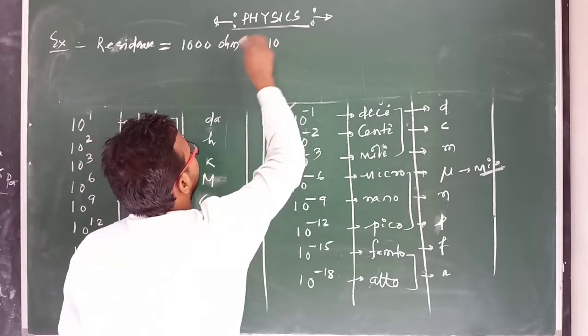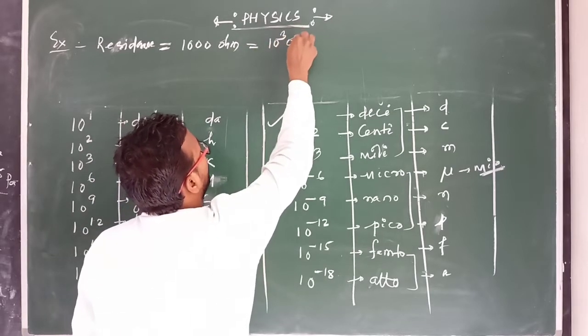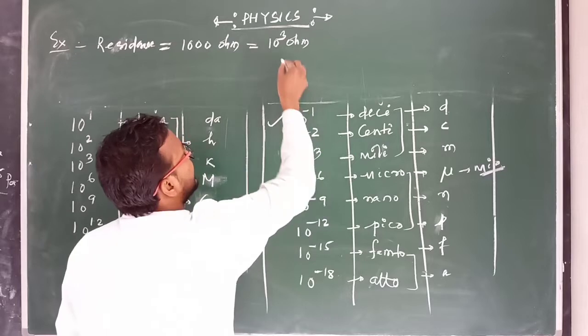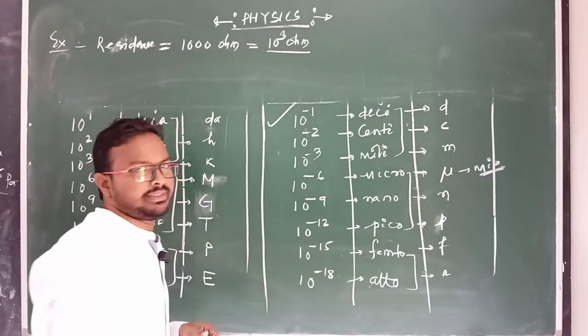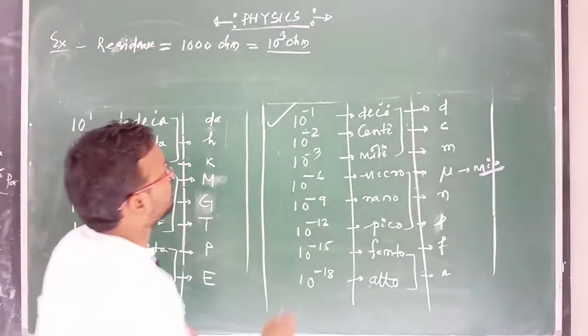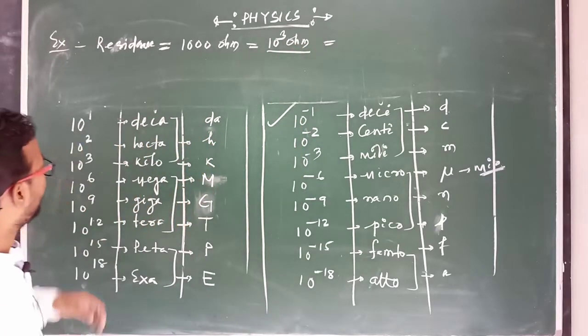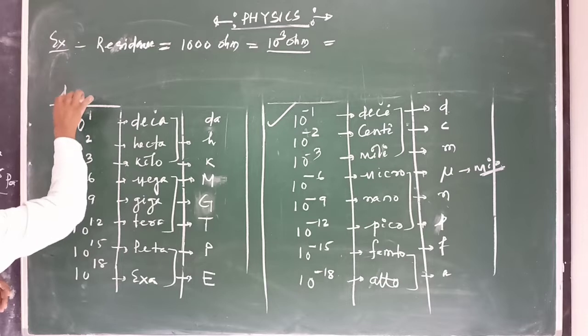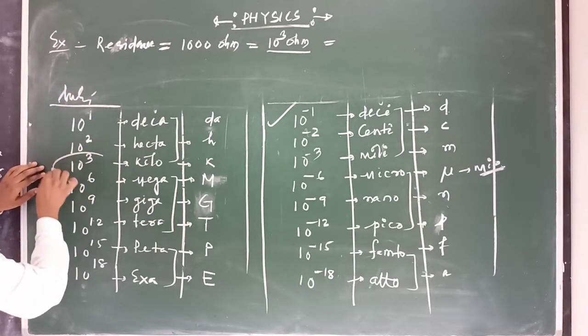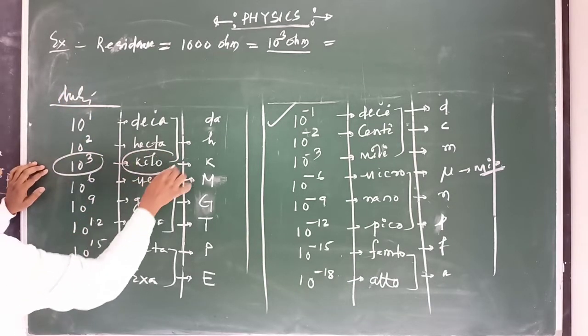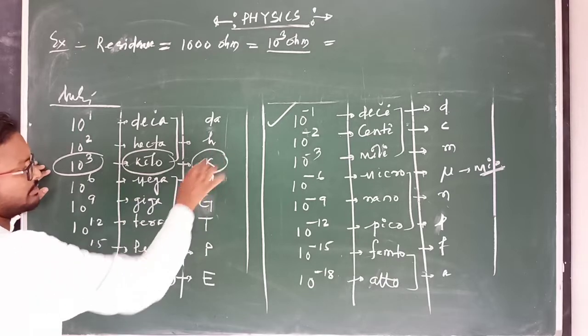Then we can write it as 10 to the power 3 ohm. And this is not a convenient method to represent again and again, so we have to use a convenient method here. Now use this concept: this is a multiple, 10 to the power 3, and its prefix is kilo, and the symbol is small k.